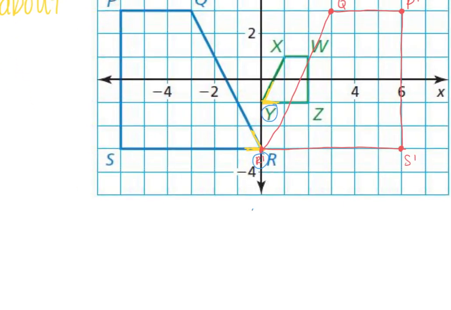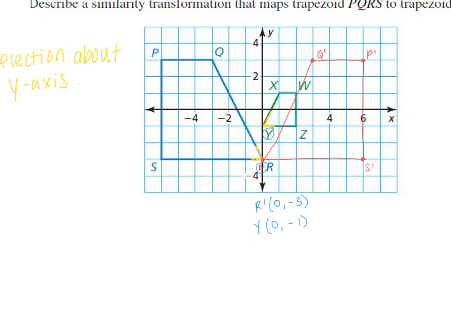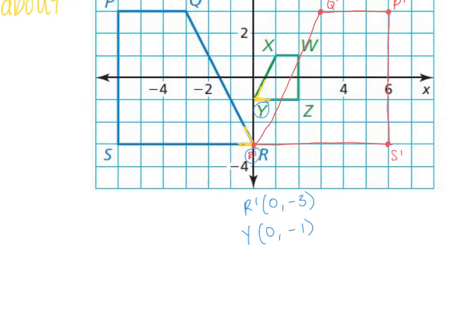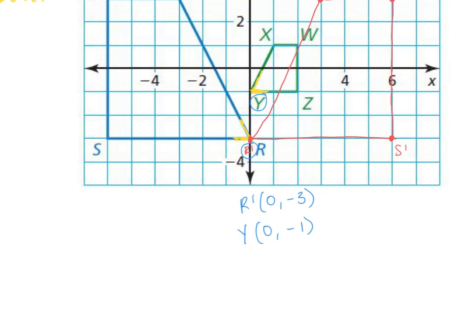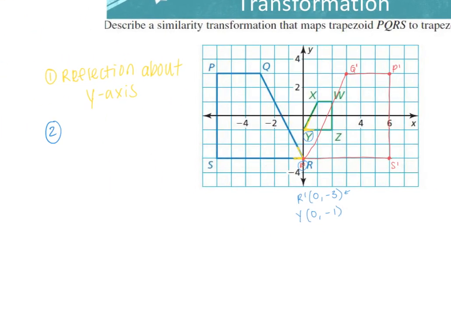R prime is at 0, -3, and Y is at 0, -1. So technically we divided by 3. If we were going to multiply something to this, we would be multiplying by 1/3. So let's try 1/3 for each.